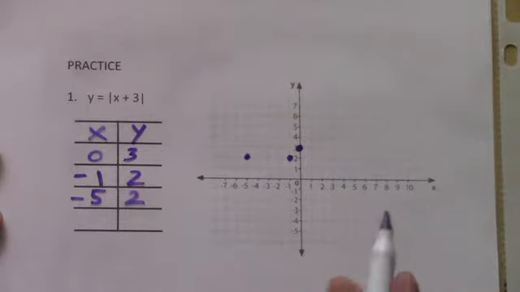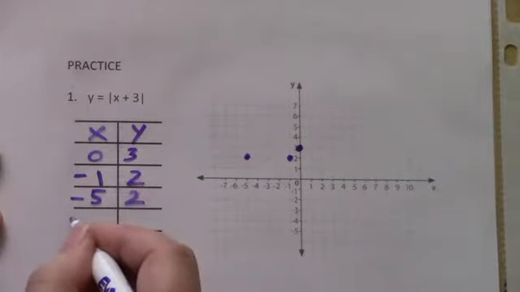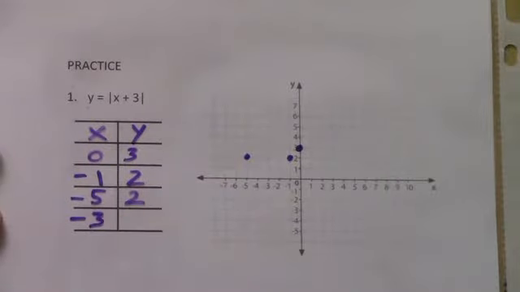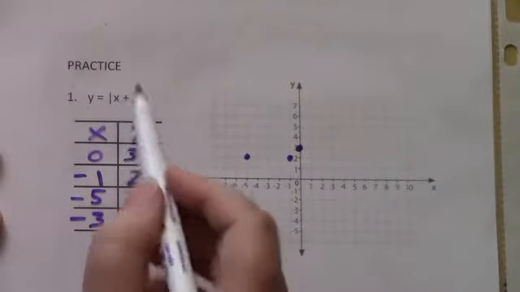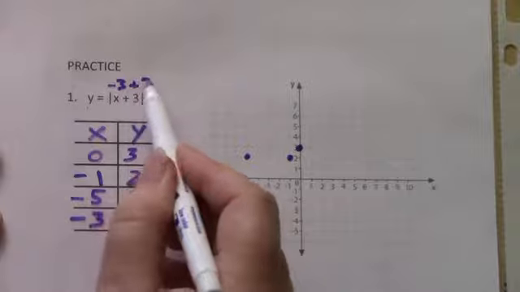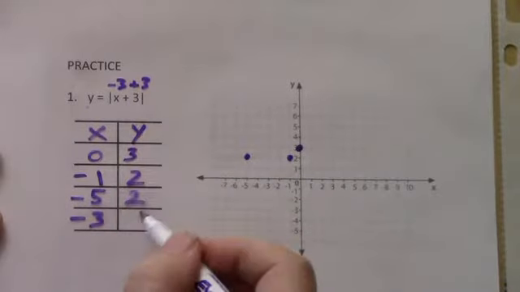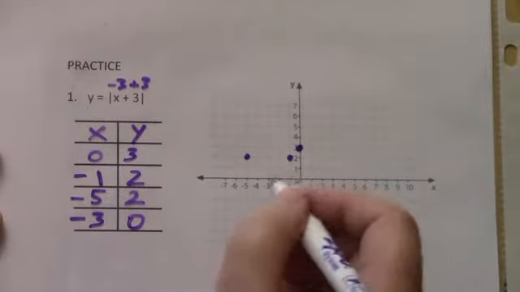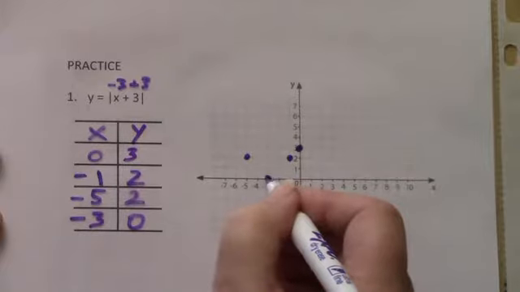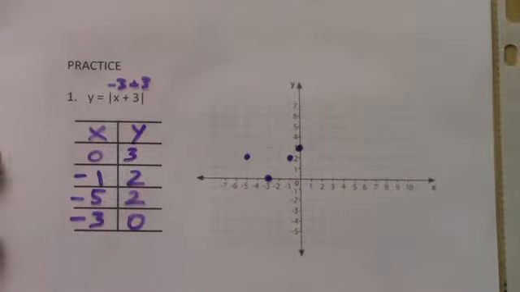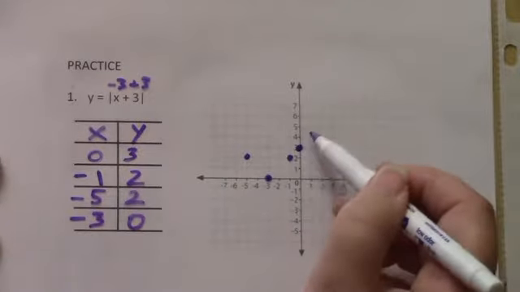All right, this might be looking a little odd, but let's try negative 3. Negative 3 plus 3 is 0. Absolute value of 0 is 0, so negative 3, 0. Now we're starting to see our V shape.